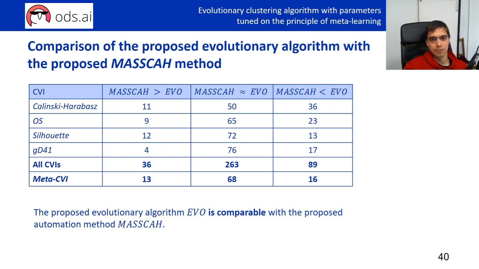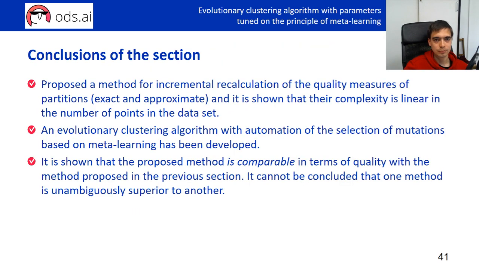From the results of the experiments, it can be concluded that the proposed evolutionary algorithm is comparable with the previously proposed method for selecting and tuning the heuristic clustering algorithm. Well, it might not be evident from the table. We haven't carried out statistical research to know it precisely, but still, at least they are comparable.